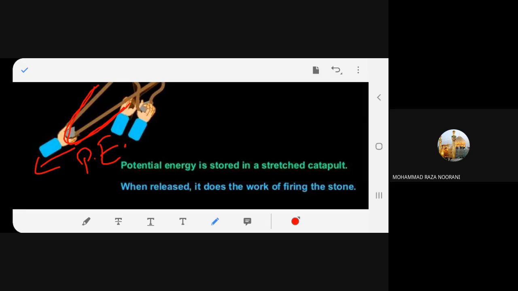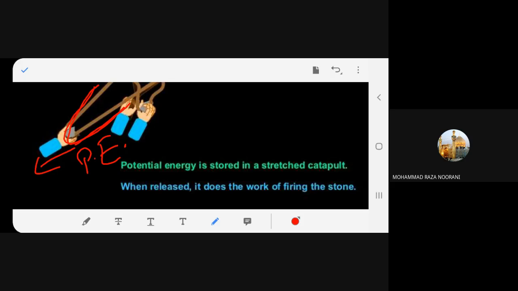Yes, ma'am. See, we are talking about the work, the energy, and the force, everything together. So, you should understand how the energy is stored and what happens when it is released, how the work is done. Now, what was the work over here? The work was firing the stone at a very high speed. From where did it do the work? Because it had the stored energy in the stressed string of the catapult.